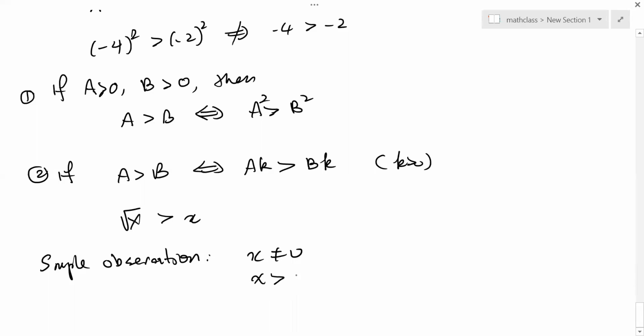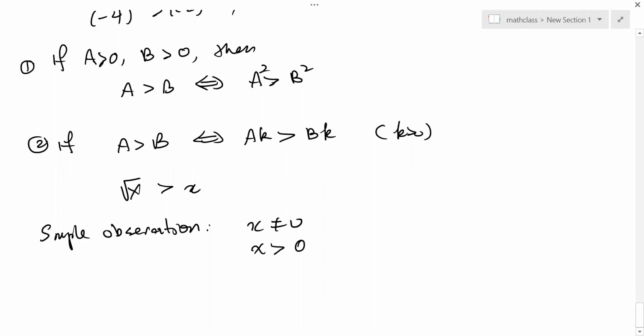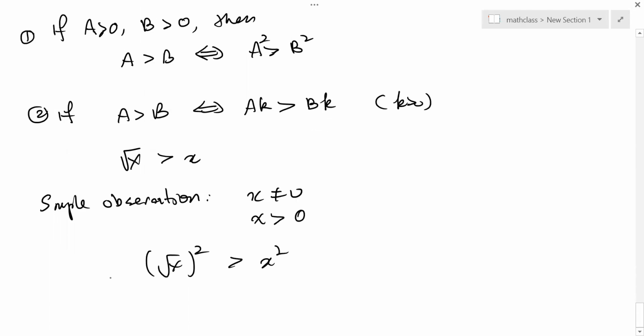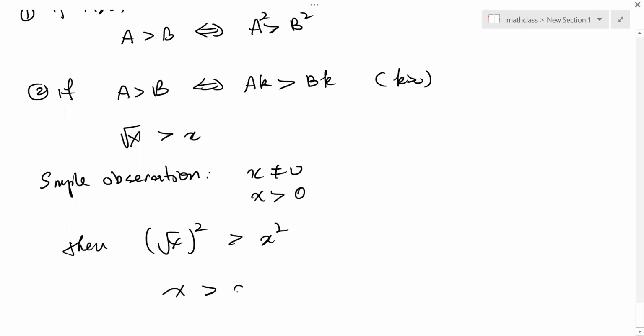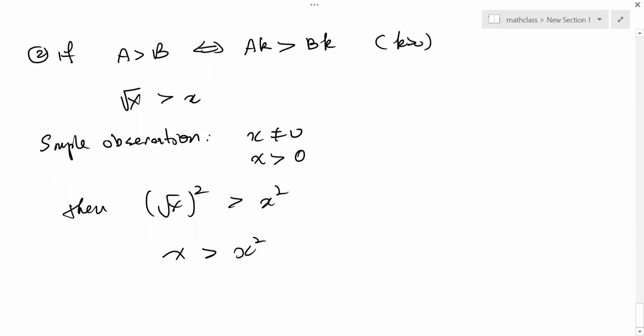Second, x must be positive because otherwise the square root of x is not defined. So x is positive. If x is positive, I can square it, using the above formula. Then you get x and x squared.